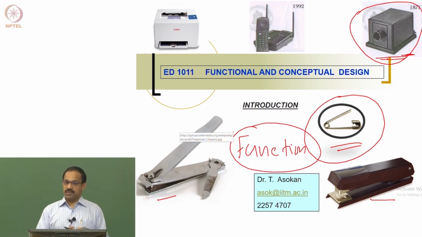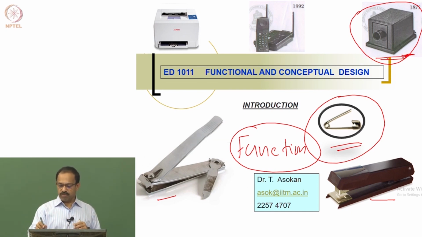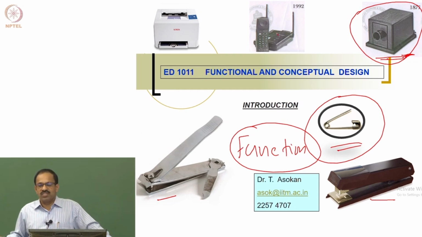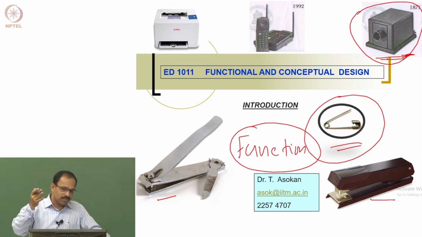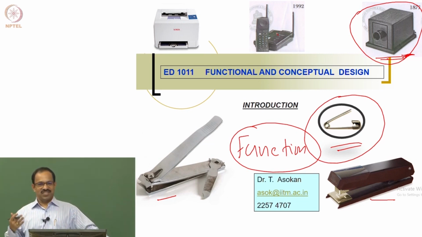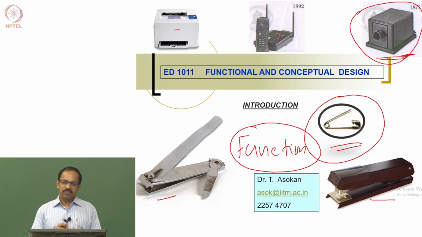And what changed? What changed in the phone, from this phone to the current mobile phone? Pardon? Design. Okay, so design has changed. So then how do we define design? What actually changed is the form of the product.